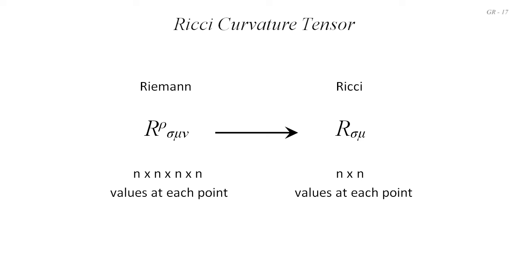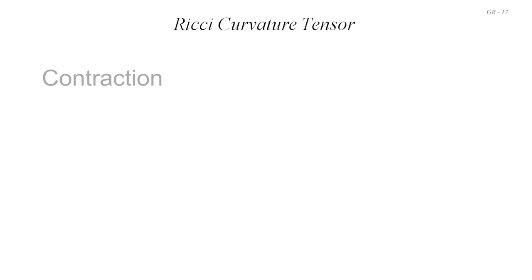This reduction in the number of indices can be done by contraction. In this case, the contraction of rho, the upper index, with any of the 3 lower indices. I say any, but in fact doing it with sigma doesn't produce anything useful, and doing it with nu just produces the opposite of doing it with mu. So let's take mu.